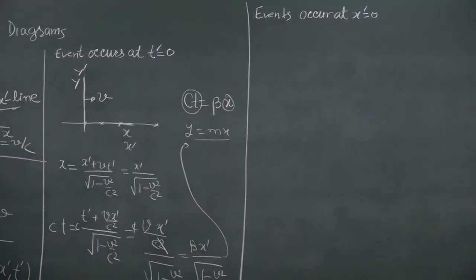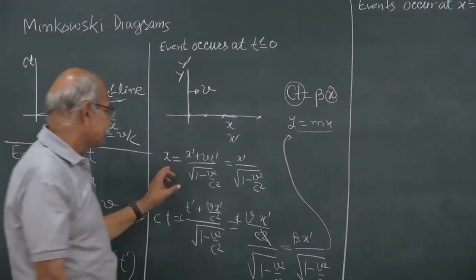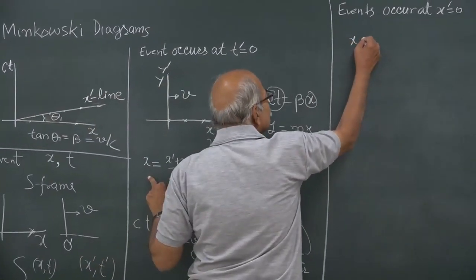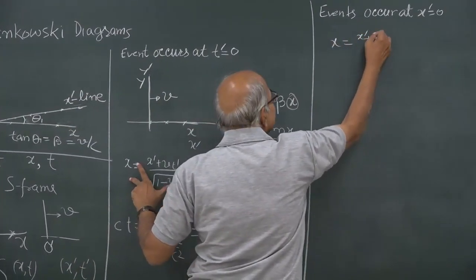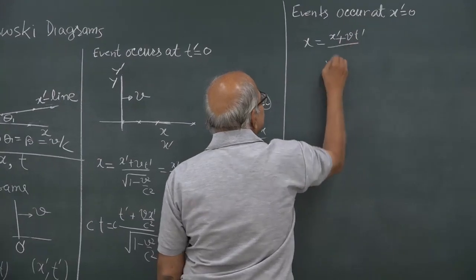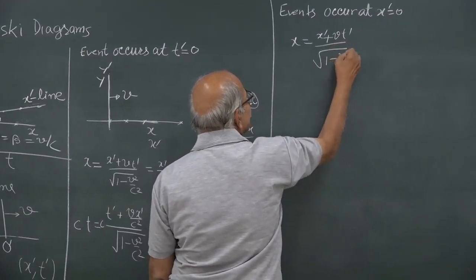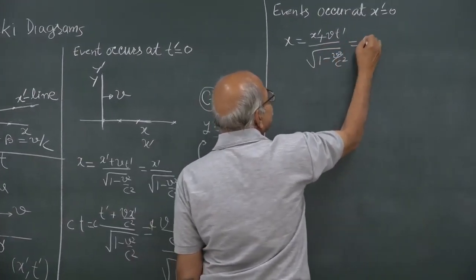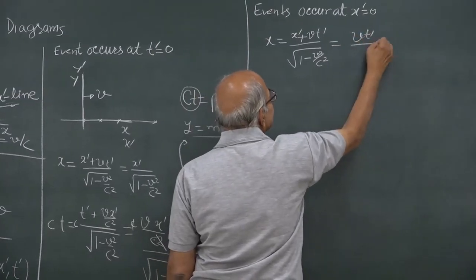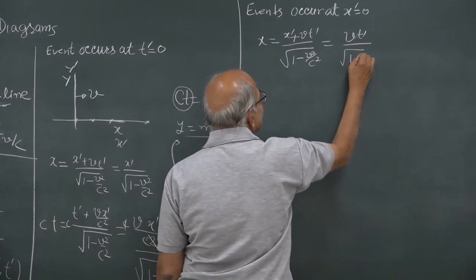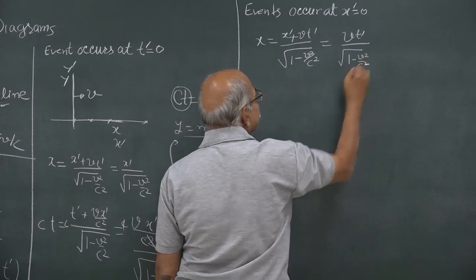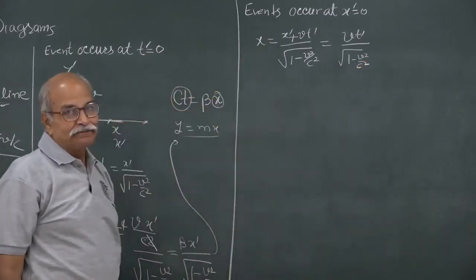So, once again, what is x and what is Ct? x is equal to x prime plus Vt prime, same equation, divided by square root of 1 minus v square by c square, and that is Vt prime divided by square root 1 minus v square by c square, because x prime is 0.